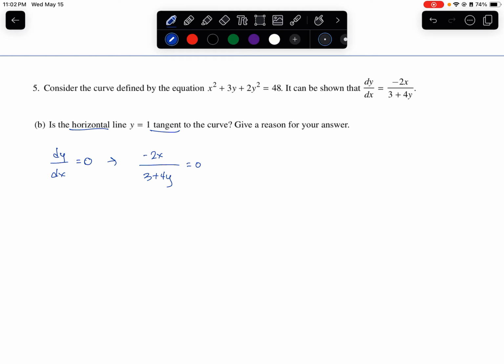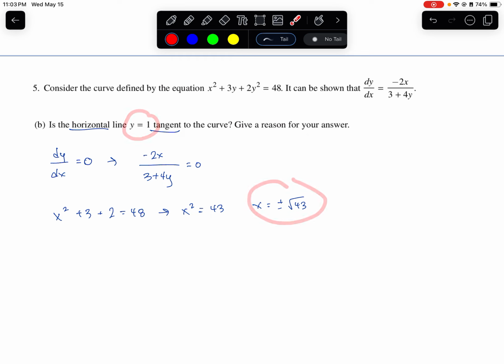Okay, so let's say I plug in 1 for y. I get x squared plus 3 plus 2 equal to 48, and therefore x squared is equal to 43, and x is equal to plus or minus the square root of 43.